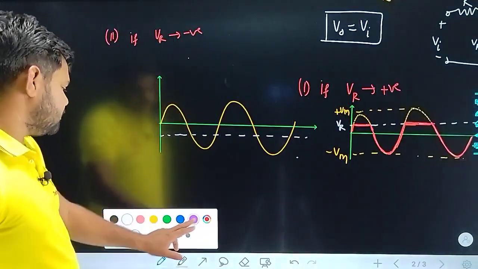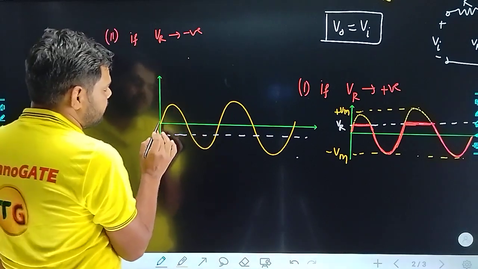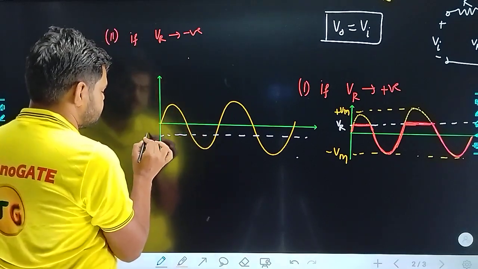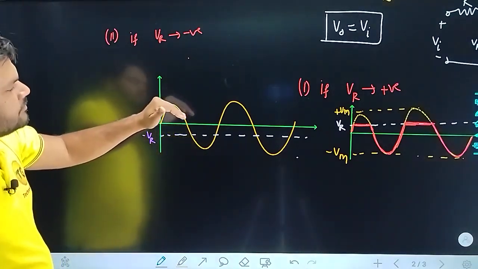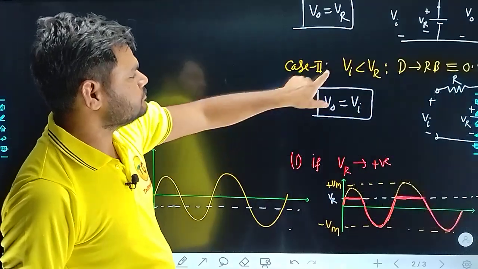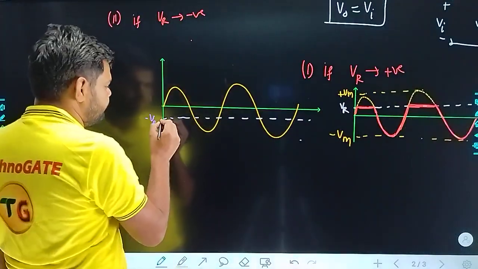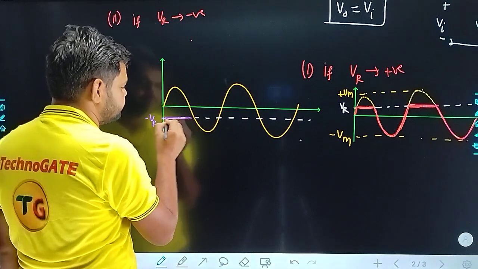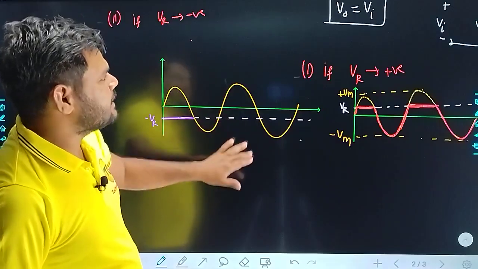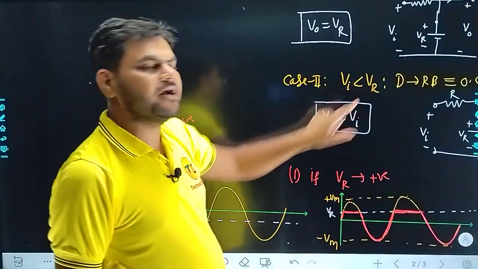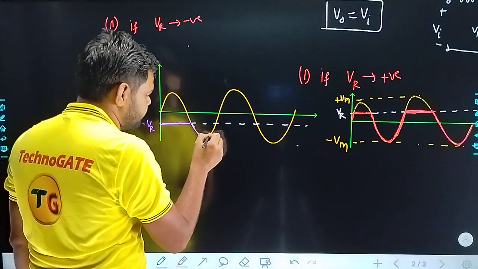Which means for the part of the waveform where V input, this is the V reference, V input is greater than Vr. In this condition, V naught is equal to Vr, which means our output waveform will look like this for this waveform. And for V input less than Vr, we simply take the output waveform that will be equal to Vi.